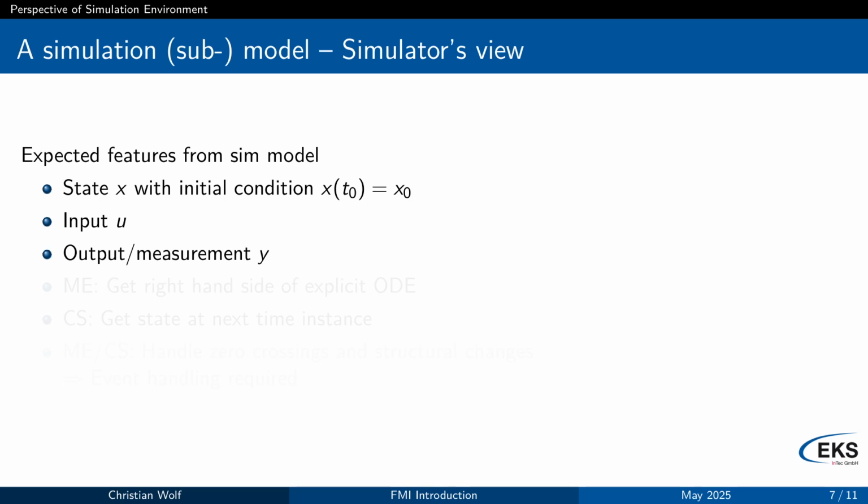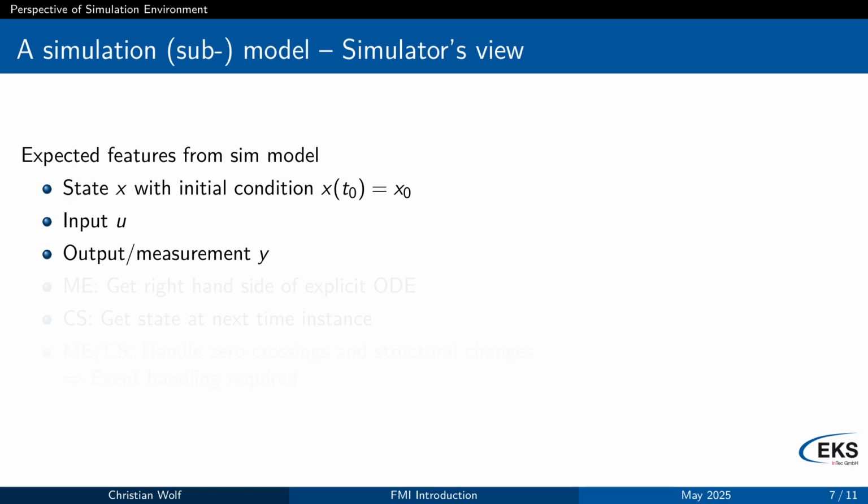From a simulator's view, this is also a recap more or less. We have some things that we expect from a simulation model: the state, the input, and eventually some output or some measurement. This is the general thing that we already mentioned in part 2 about simulation and simulation models.